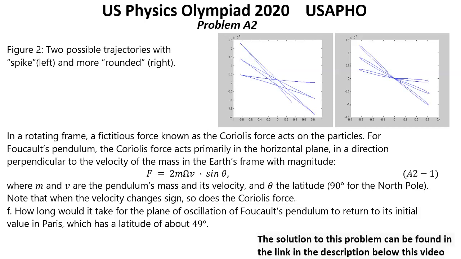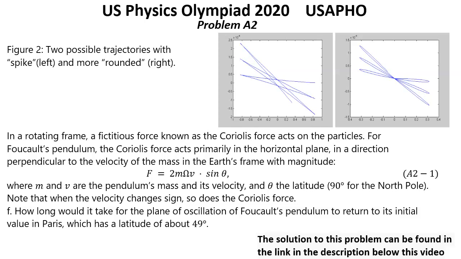For Foucault's pendulum, the Coriolis force acts primarily in the horizontal plane in a direction perpendicular to the velocity of the mass in the Earth's frame, with magnitude F equals 2m Omega v sine theta, where m and v are the pendulum's mass and its velocity, and theta is the latitude, 90 degrees for the North Pole. Note that when the velocity changes sign, so does the Coriolis force.